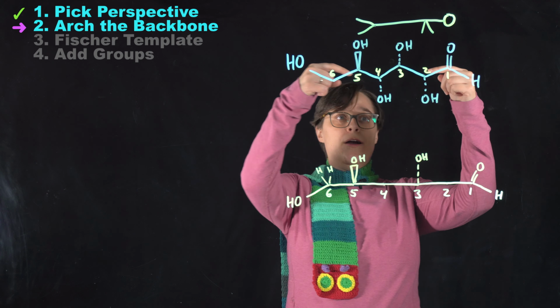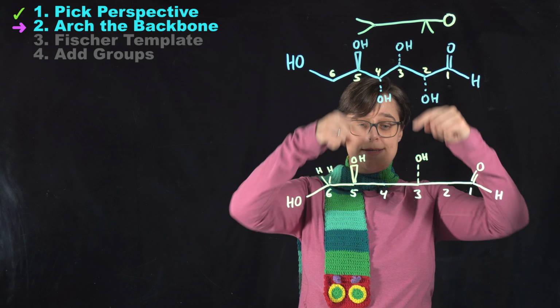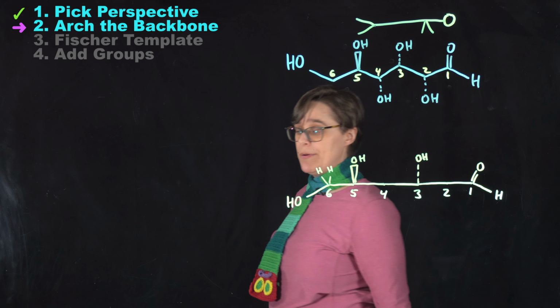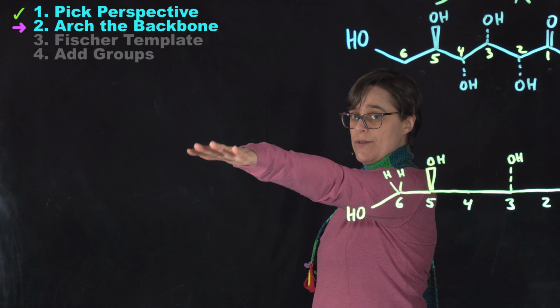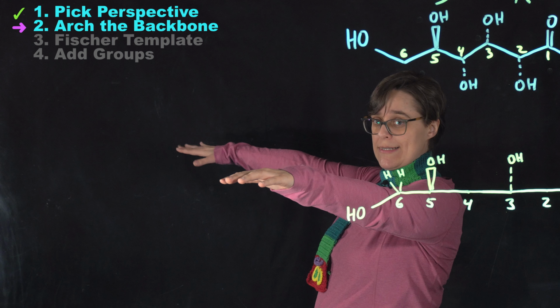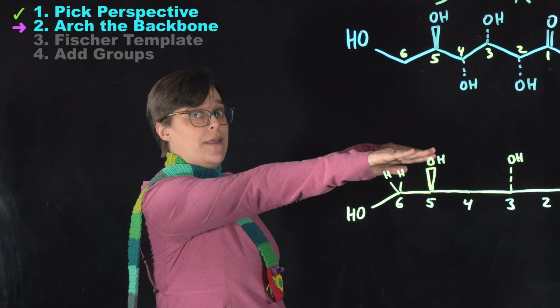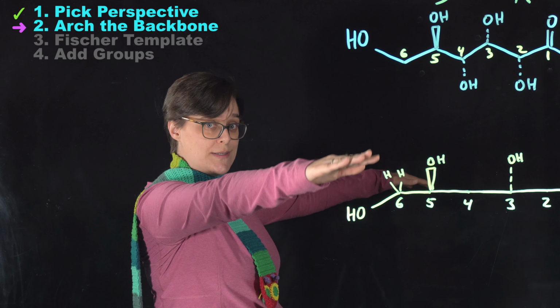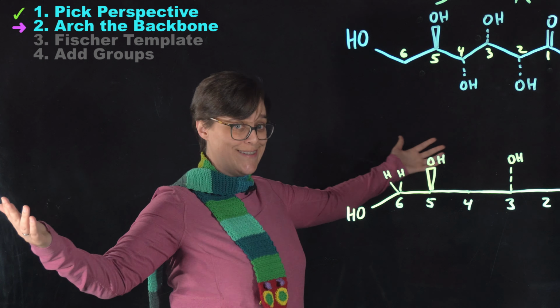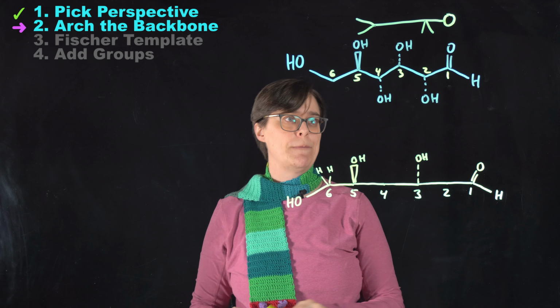But carbons 2 and 4 at the bottom of the zigzag get rotated to the top. Check this out. This is a wedge coming towards you. This is a dash going away from you. And when I turn around, they've been flipped. This is a wedge, this is a dash. Same thing's happening here.